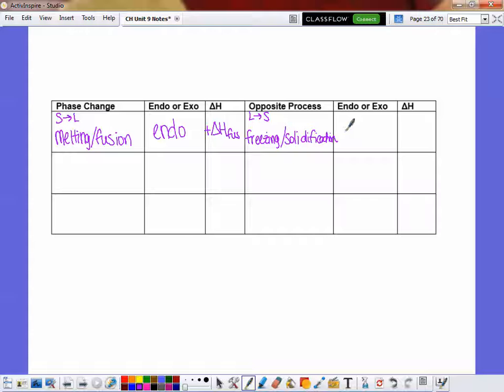So that makes it what? Endo or exo? Exo. If we have to take energy out, it's exothermic. Now, the delta H for freezing will have what sign? Negative, but it's going to be equal in magnitude to delta H of fusion. So we're going to say this is negative delta H fusion. Equal in magnitude, opposite in sign. Okay?